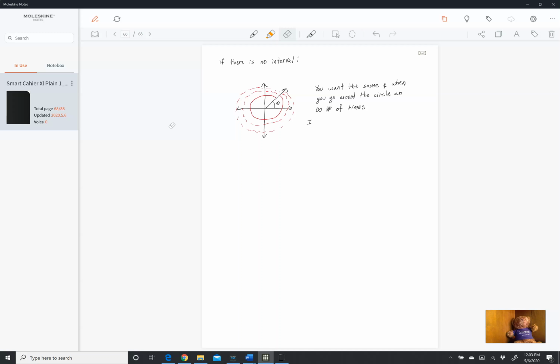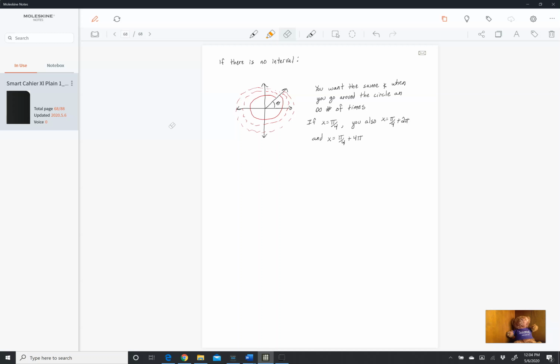Okay, so in other words, if x equals pi over 4, you also want x equals pi over 4 plus 2 pi. And x equals pi over 4 plus 4 pi.